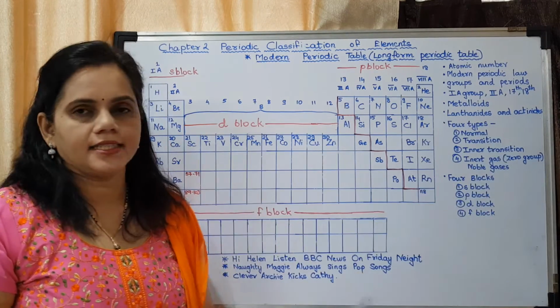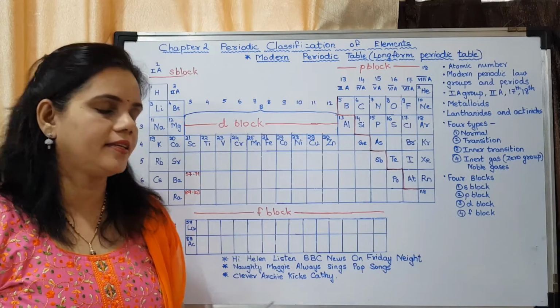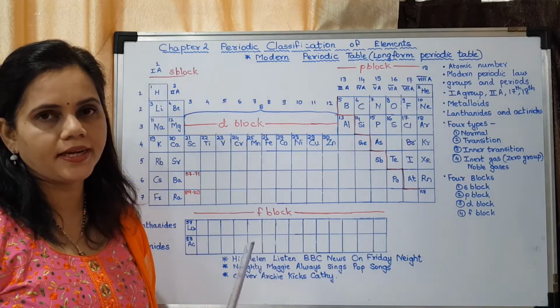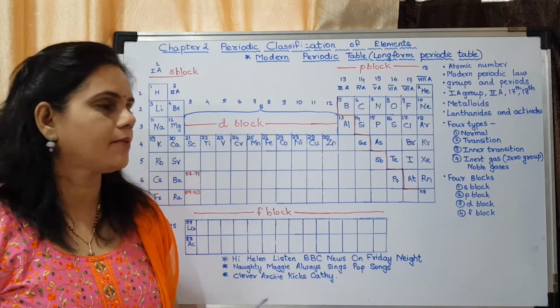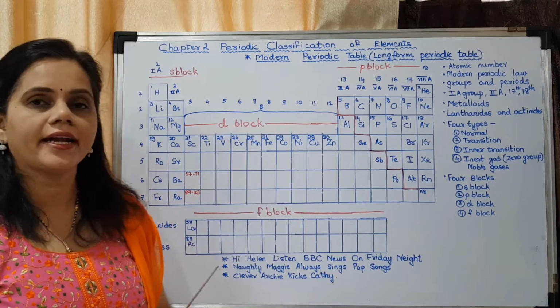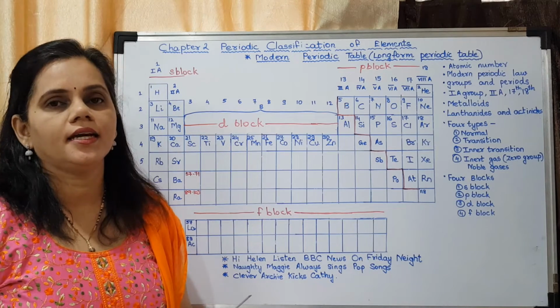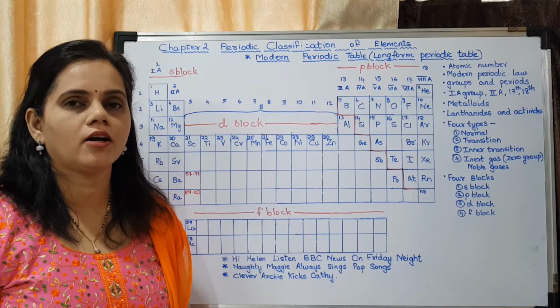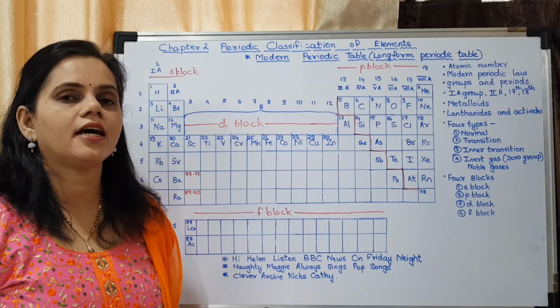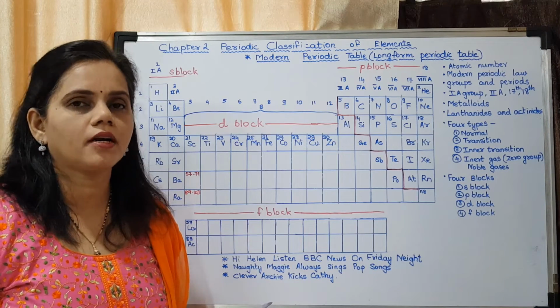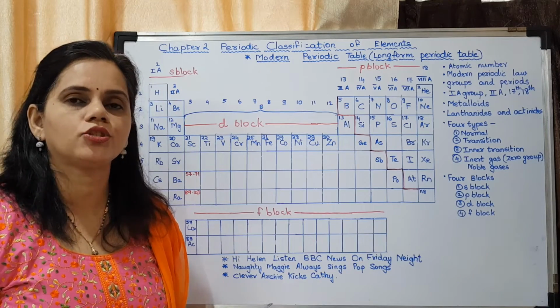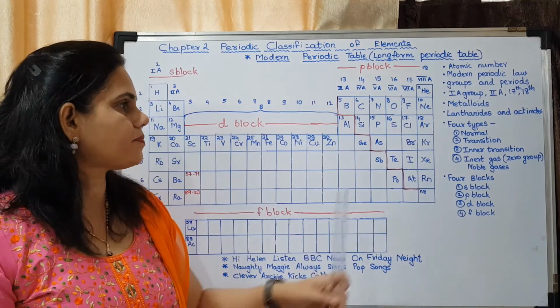Lanthanides and actinides: the elements after lanthanum, arranged separately at the bottom of the periodic table, are called lanthanides. The elements after actinium, placed separately at the bottom, are called actinides. They are also called inner transition elements. They are placed separately because they are mostly radioactive and show different properties.